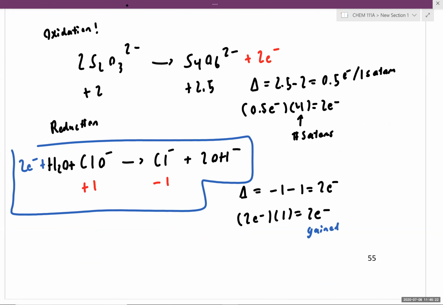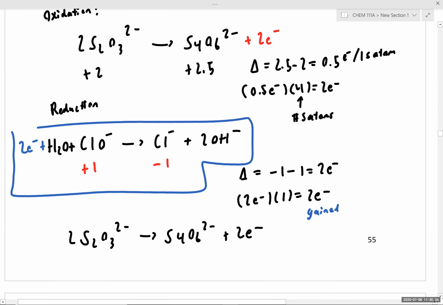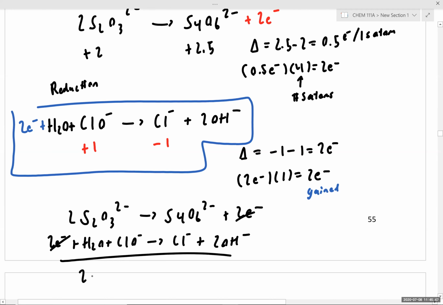Now, just to showcase that this reaction is in fact balanced, we have thiosulfate, the thiosulfate dimer, 2 electrons lost, 2 electrons gained, plus water plus hypochlorite leads to chloride and 2 hydroxide. Our electrons cancel and we're left with the following complete balanced chemical equation.